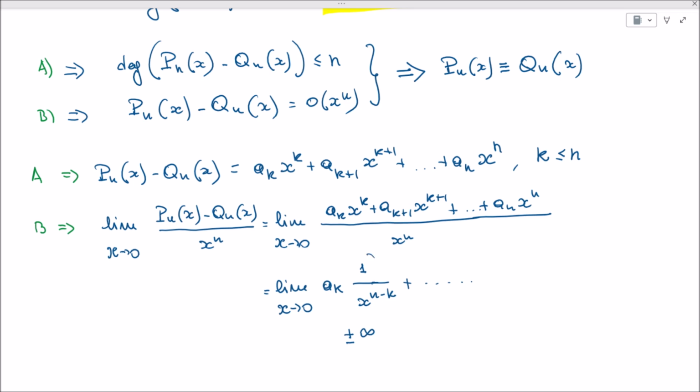So we can assume that this limit represents only the limit of this fraction, right? But suppose that a_k is equal to 0, then the next term is going to be the limit as x goes to 0 of a_(k+1) times 1 divided by x to the n minus k minus 1, right?